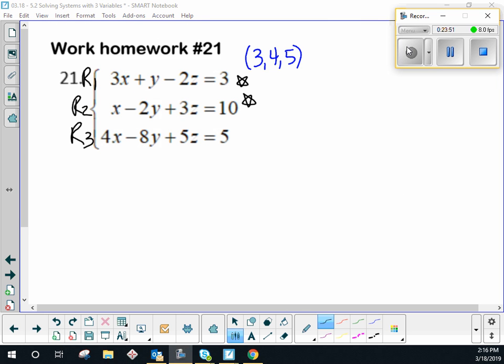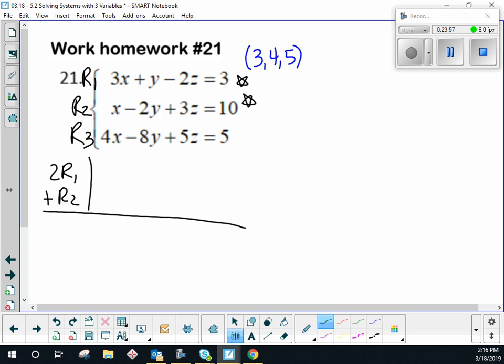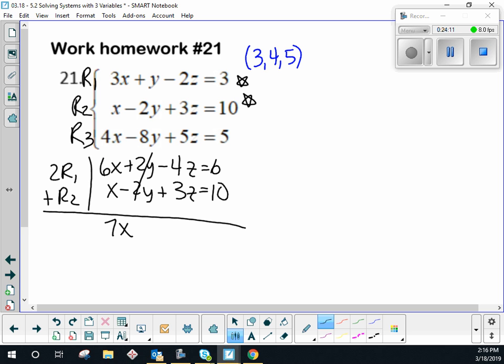So you did 2 times row 1, adding it to row 2. So that gave you 6x plus 2y minus 4z equals 6. And then row 2 here. And then when you add, the y's canceled, and you got this, and you're like, yes, everything's looking exactly like the example did, right?